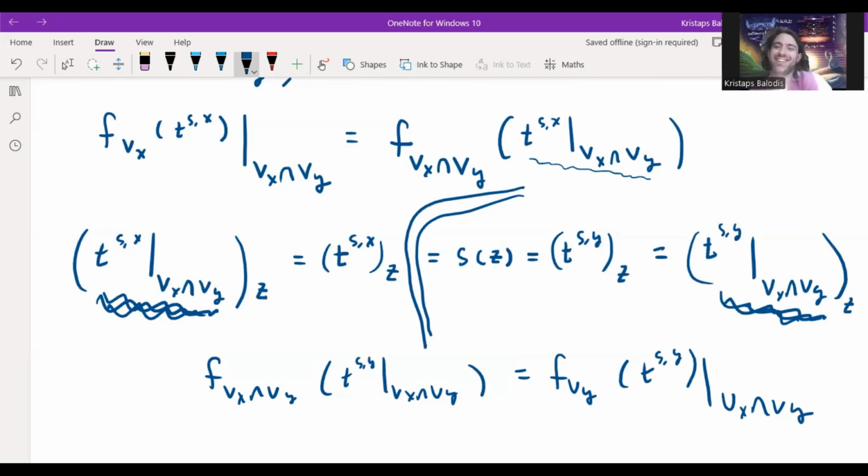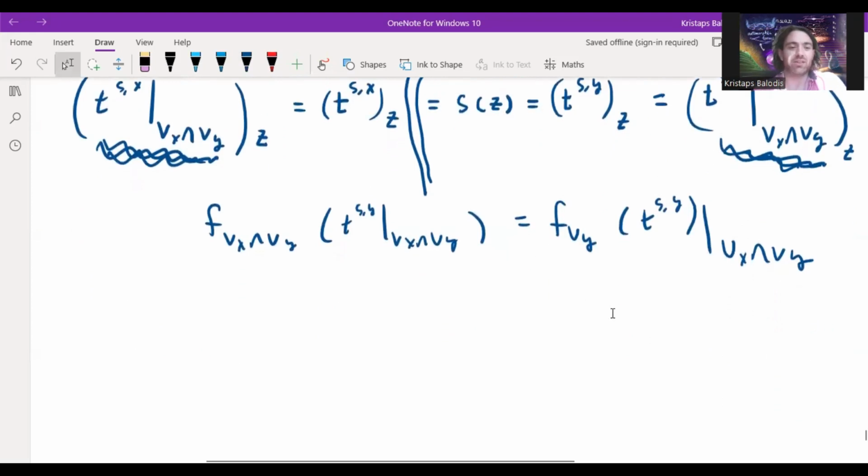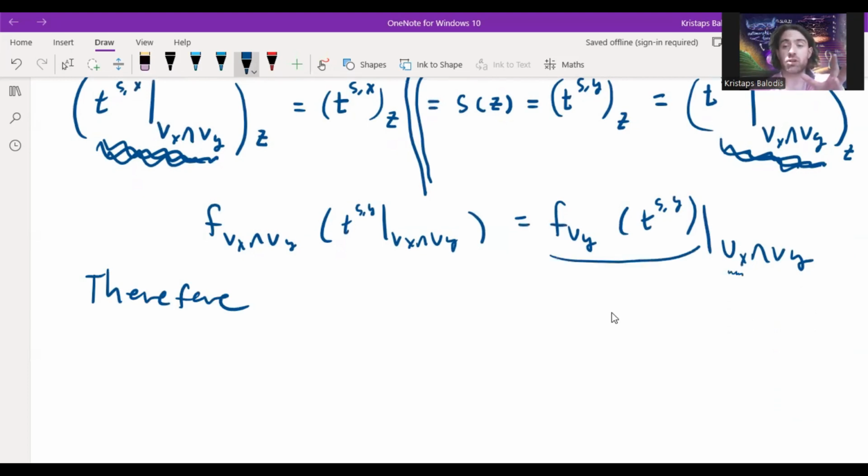So what that means is, therefore, because G is a sheaf, right? And I've shown, right, these V x's cover all of U, and the restrictions of each of these things to the intersections all agree.